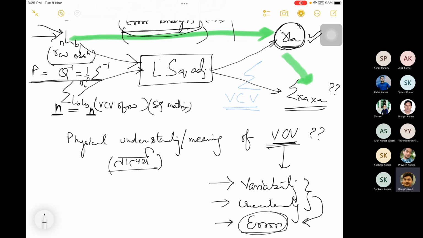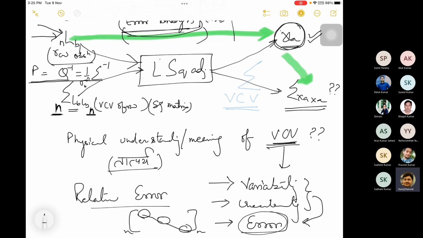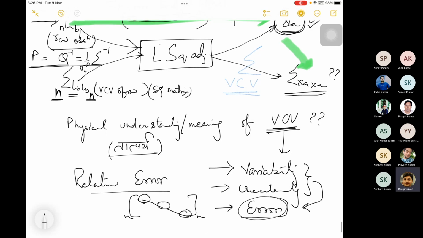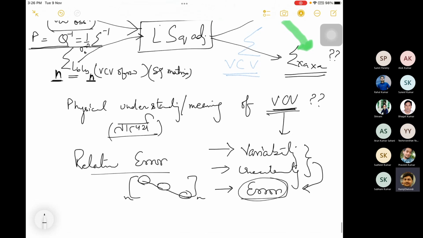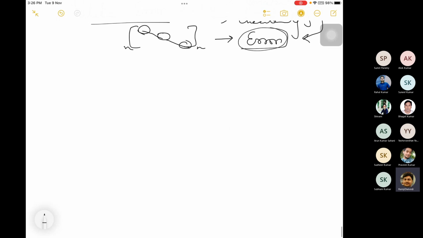We need to know how much error there is in my parameters, as well as the relative error. Relative error in the sense that this is a square matrix, and this value, this value, this value are represented in a manner that is relative. Anyway, today's topic is error analysis.